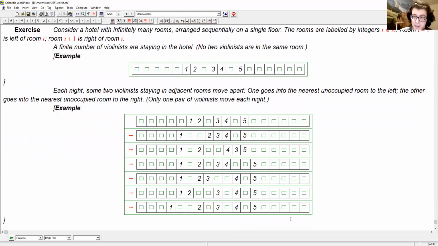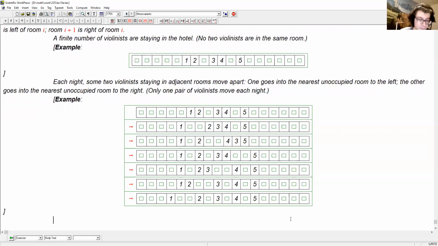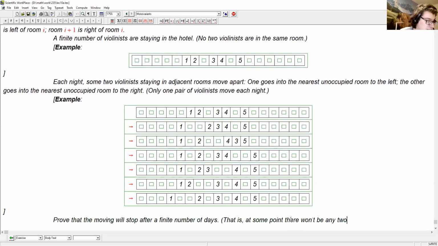And the claim is that this will always happen. Prove that no matter how they move, no matter who moves first, no matter what the original state is, so where they originally live, the moving will stop after a finite number of days. That is, at some point, there won't be any 2 violinists in adjacent rooms anymore.